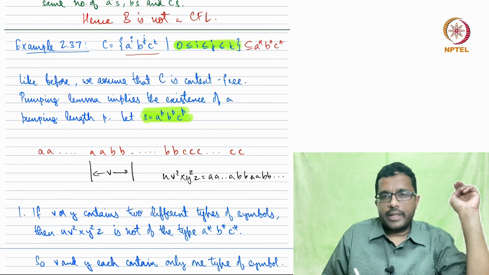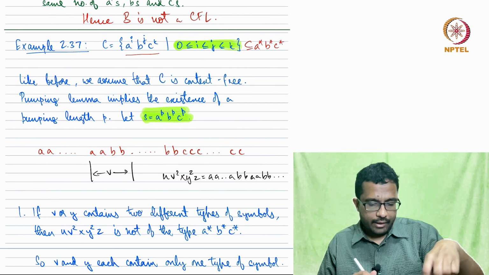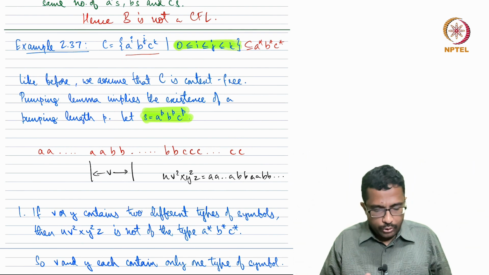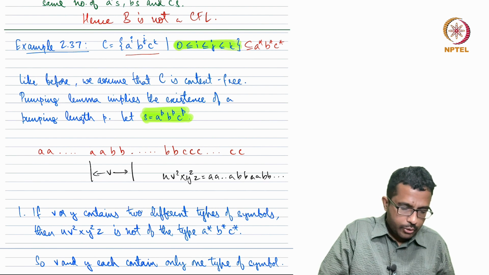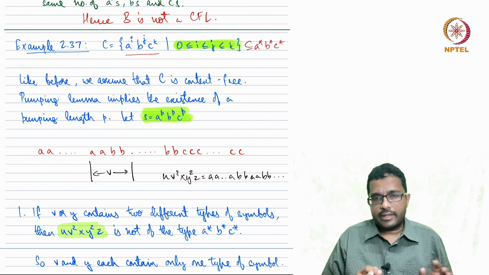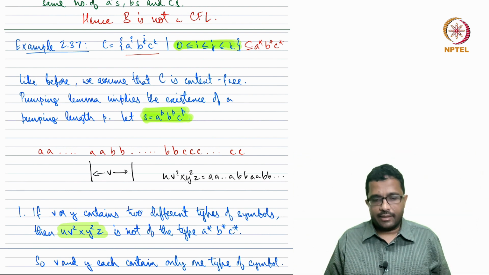So this is not of the form a star, b star, c star. So if v or y spans the boundary, meaning contains two types of symbols, then u, v square, x, y square, z is not of the structure that we want. Structure meaning it is not of the form a star, b star, c star.